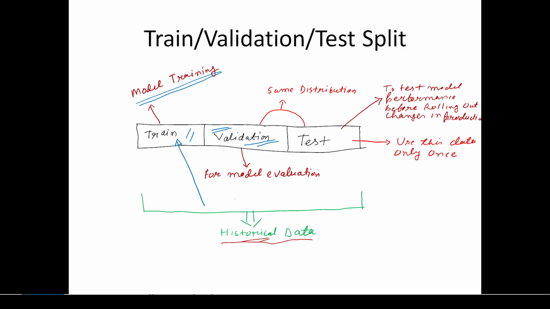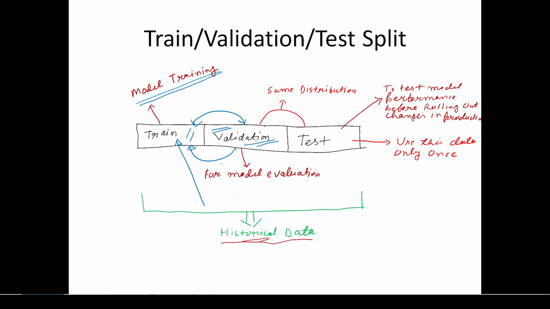And this will go in loop, right? So it might happen that in the first iteration you have trained some model, you have evaluated against the validation data, and you found that something is not correct, and probably you will go to your training pipeline again, and you will modify something in that process, and then it will again go to my validation.